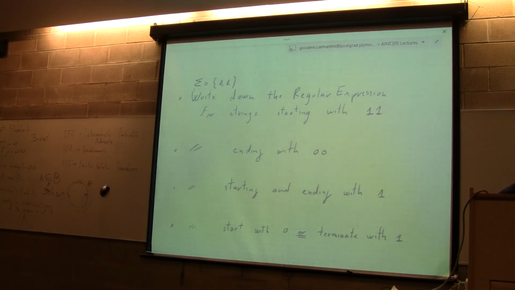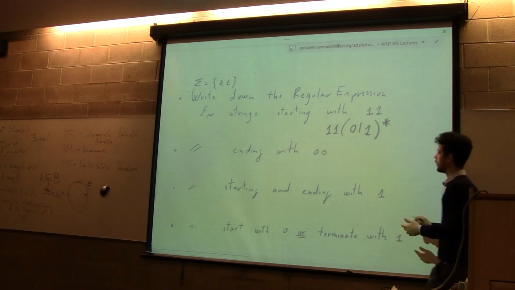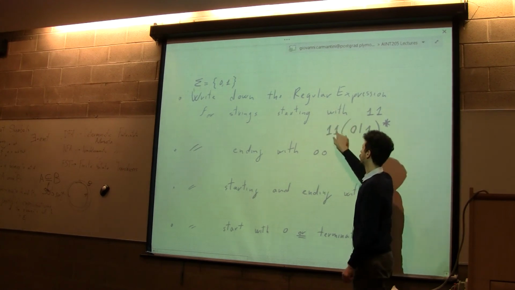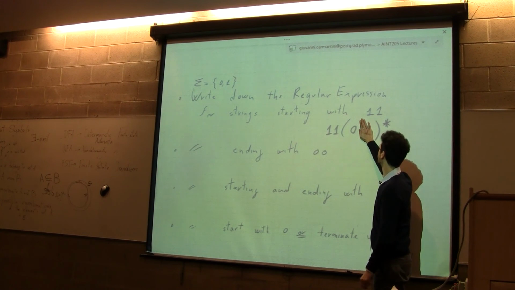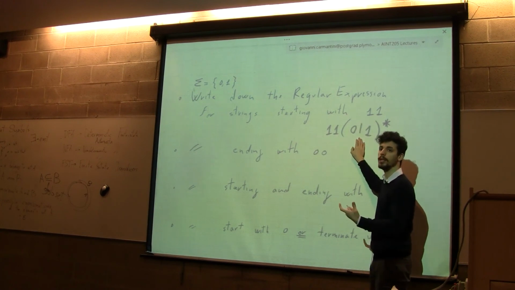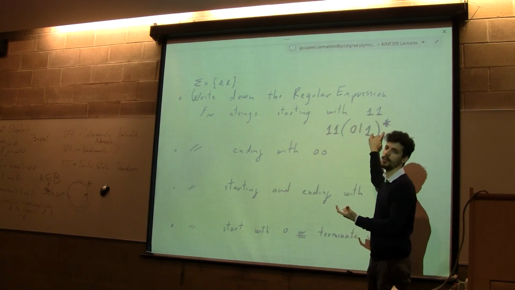Strings starting with 1, 1. Well, 1, 1, and then 0 or 1. I'll put the logical OR to be consistent. Repeat it how many times you want. So what does this mean? Your string starts with 1, 1, and then you have 0 or 1, and that repeated how many times you want.